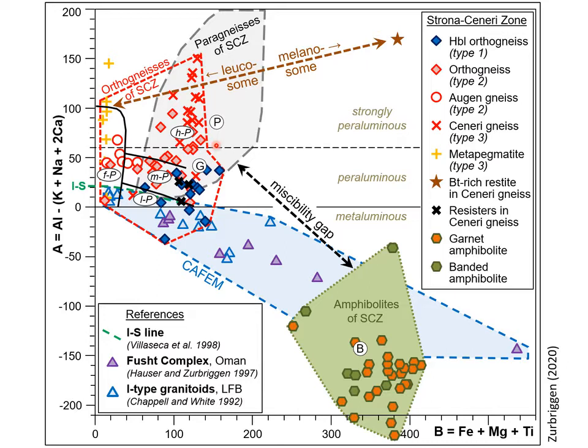The idea is that this type of peraluminous magmatism is mainly driven by the melting of metasediments, and that the melting is induced by the heat input of basaltic rocks, which are represented by the banded amphibolite formations.